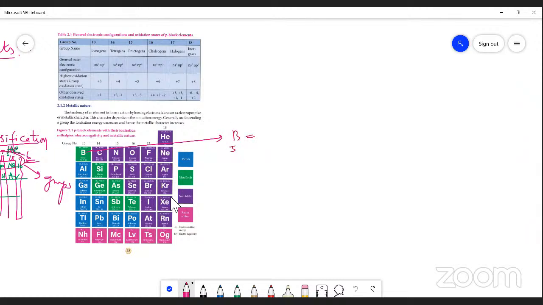Electronic configuration we can write 1s2, 2s2, 2p1. Carbon, C6, atomic number 6, has 1s2, 2s2, 2p2. Nitrogen, N7, has 1s2, 2s2, 2p3.